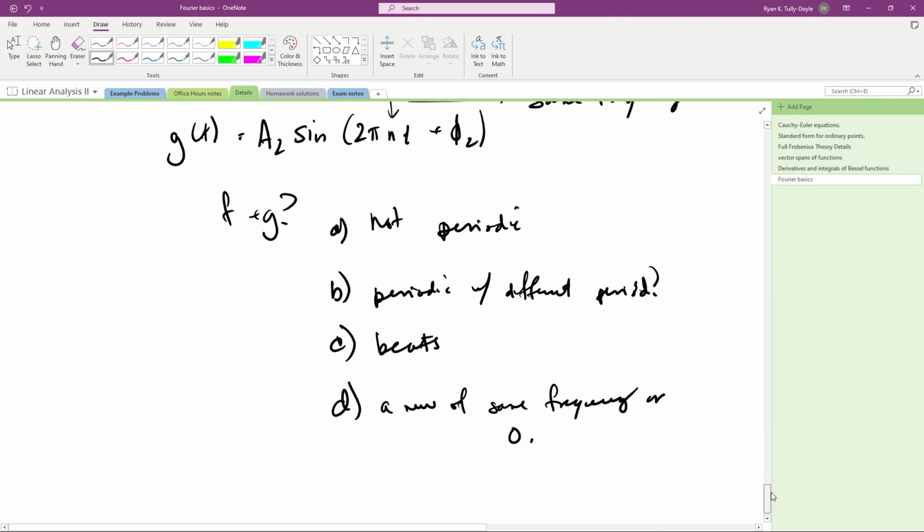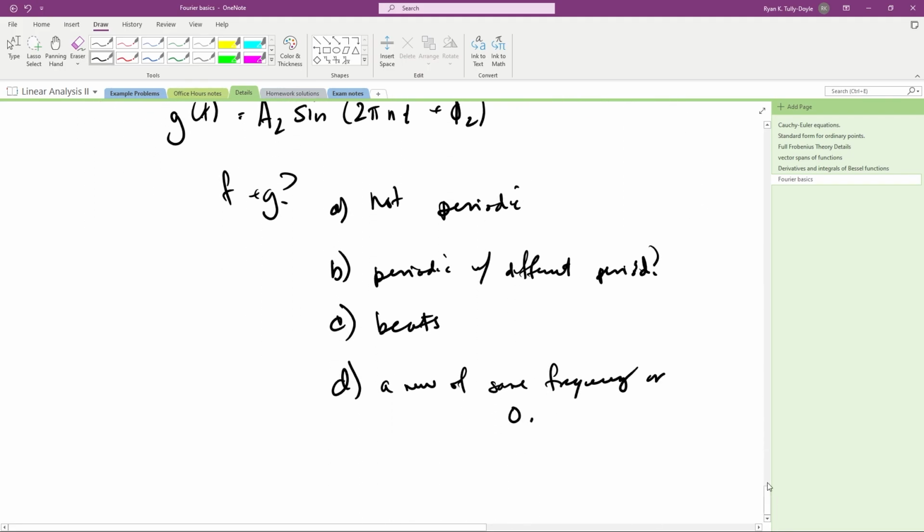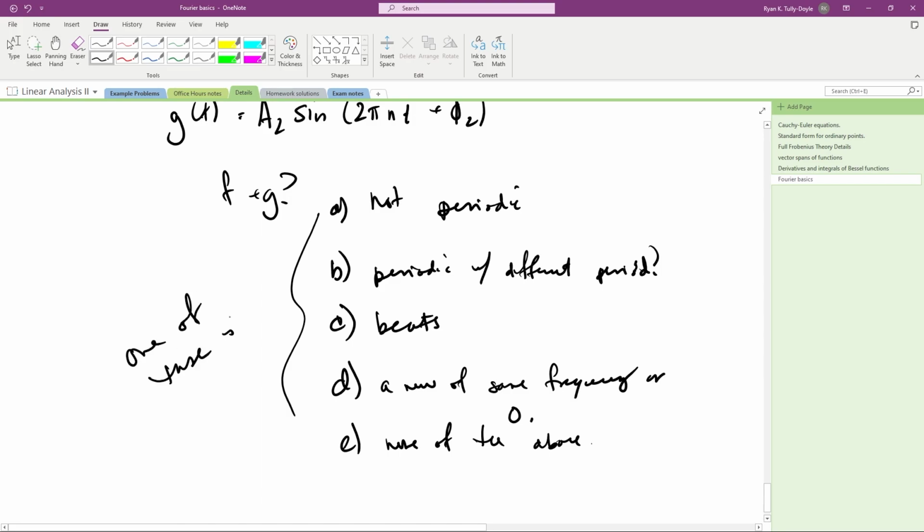So the idea here is to think about when you take f and g and you add them together, what possible outcome could you get? It's only one of these. Or I guess I'll say E, none of the above. So one of these is true. Which one is it?